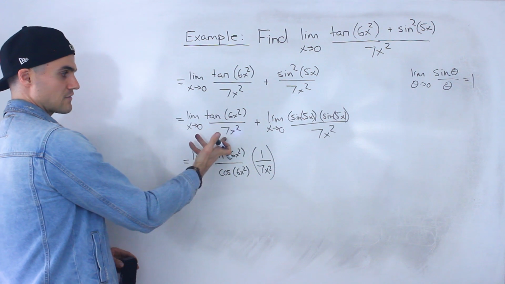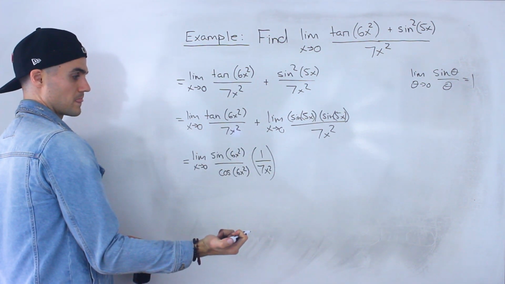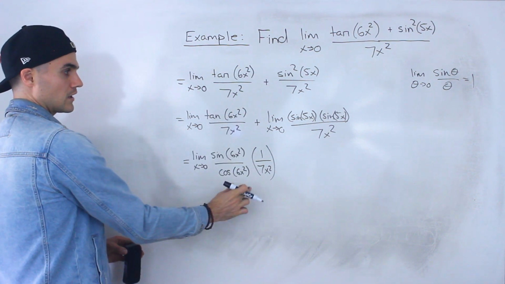Dividing by 7x squared is the same as multiplying by 1 over 7x squared. I just took the tan and converted it.